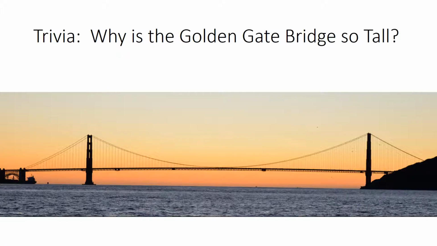We'll have a whole unit on cables a little bit later on, but if you want to just boil it down to the basic premise of it all, what it comes down to is the problem that we just solved. So you have the weight of the road, and you can find the center of mass of this thing, and it's supporting this giant weight, and it's supporting that weight with a couple of cables. Now, what if those cables are coming in at close to 90 degrees from the vertical?